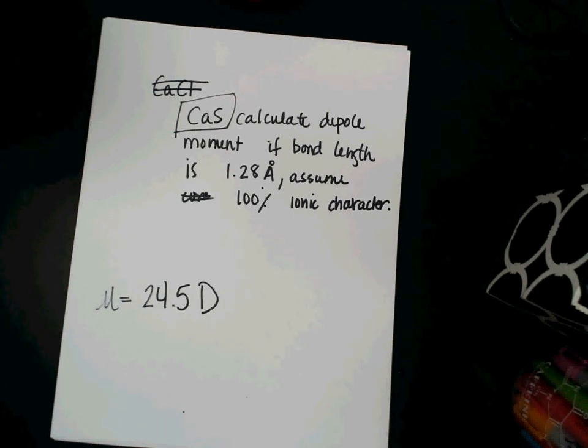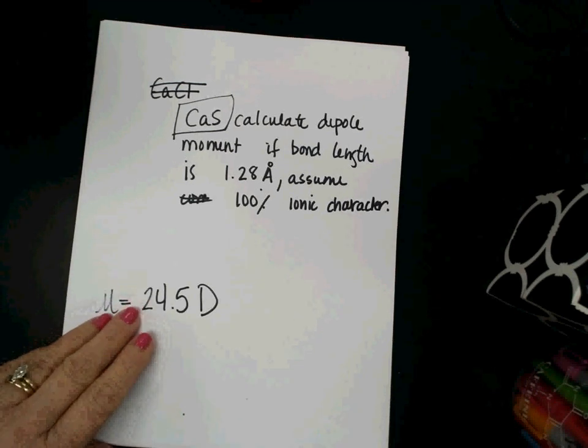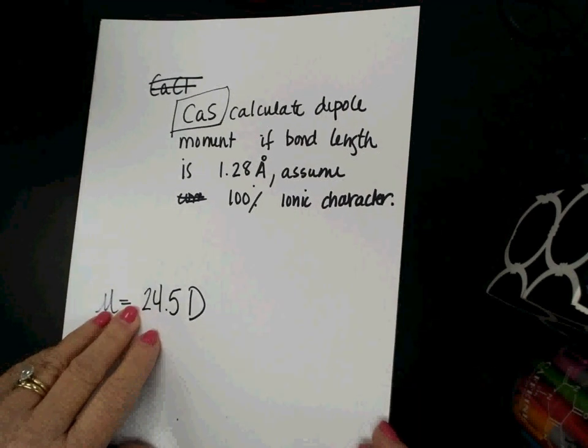Divide. 24.5 was the correct answer. Raise your hand if you got it. Okay. These are not difficult. It's just remembering the pattern, remembering your conversions.